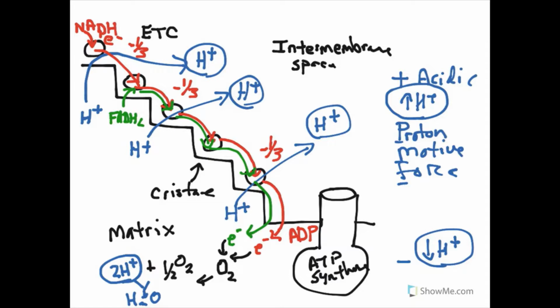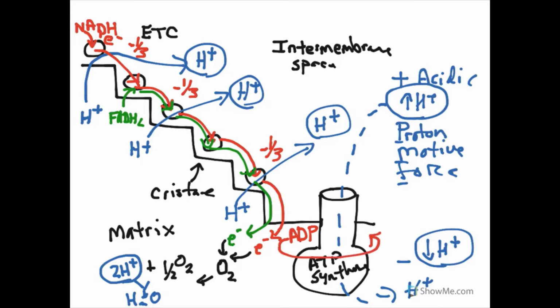So what we can do is turn this like a windmill or a turbine that's in a hydroelectric dam. To do that, we're going to take these hydrogen ions and they'll pass through this guy and start to turn the turbine.